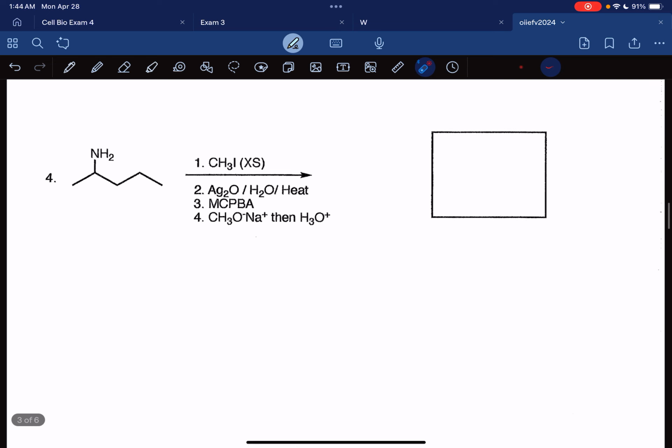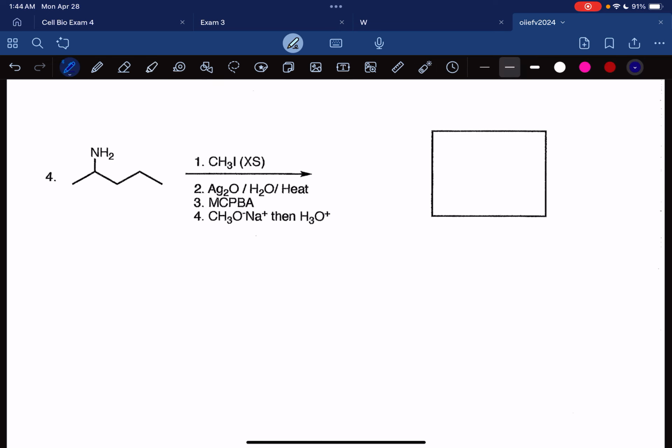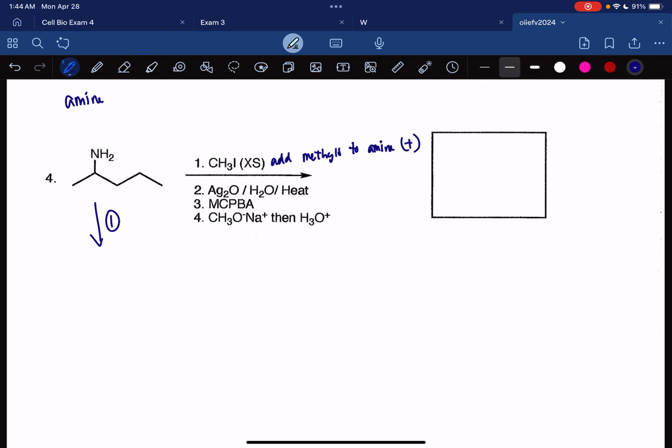Okay, moving on. The fourth reaction here. So we have an amine. And you should see immediately, whenever you see CH3I excess, this is going to add methyls to the amine. And the goal is to make it plus charged. So what that looks like is, the product of step 1 is N, and then you're gonna have 3 CH3 groups.